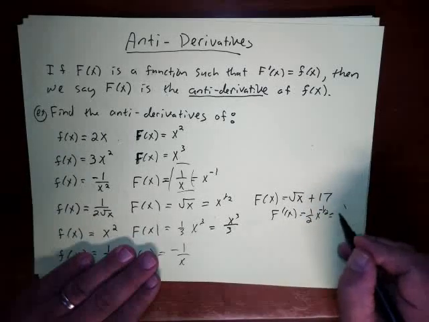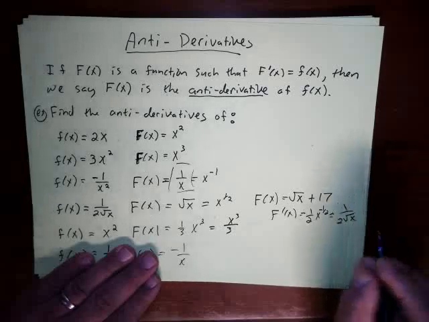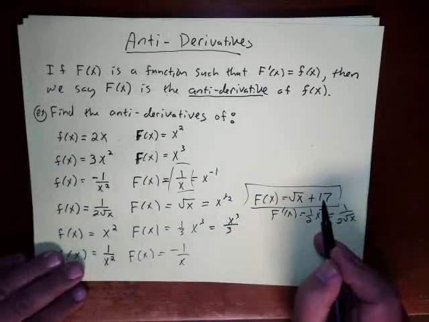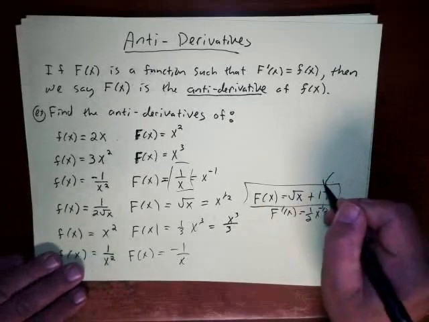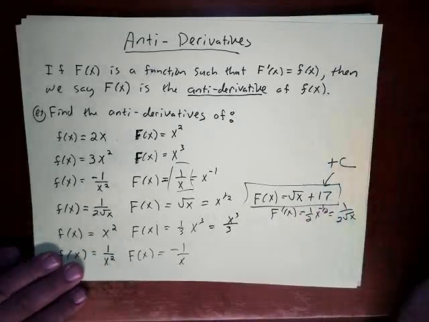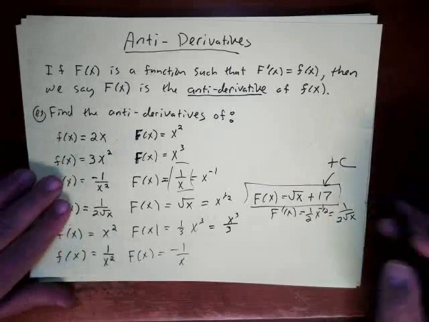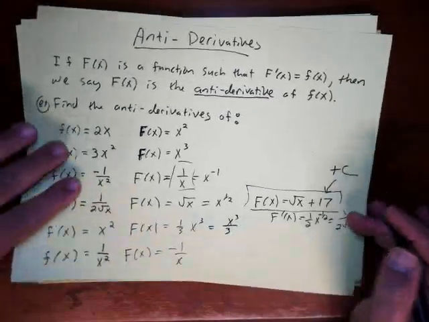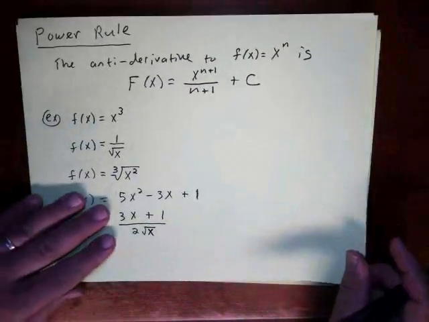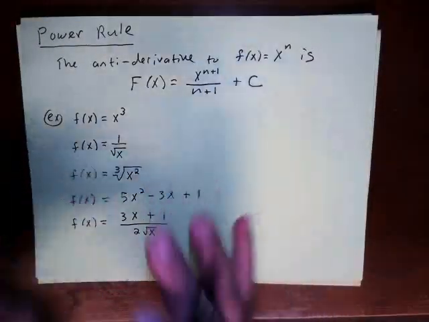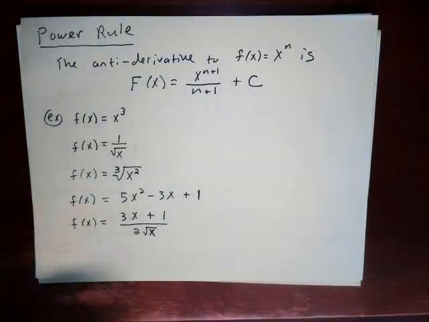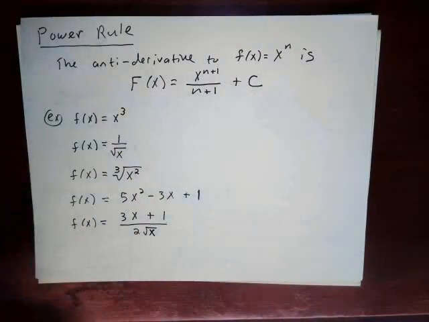And so this is 1 over 2 square root of x. So you actually have an infinite number of antiderivatives, but they all differ by a constant. So this is your plus c. Okay, so whenever you take an antiderivative, you've got to include a plus c. And we're going to see why that is in the next video.